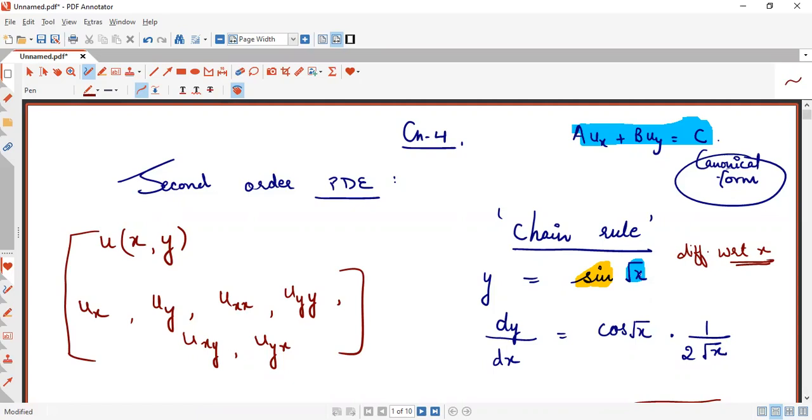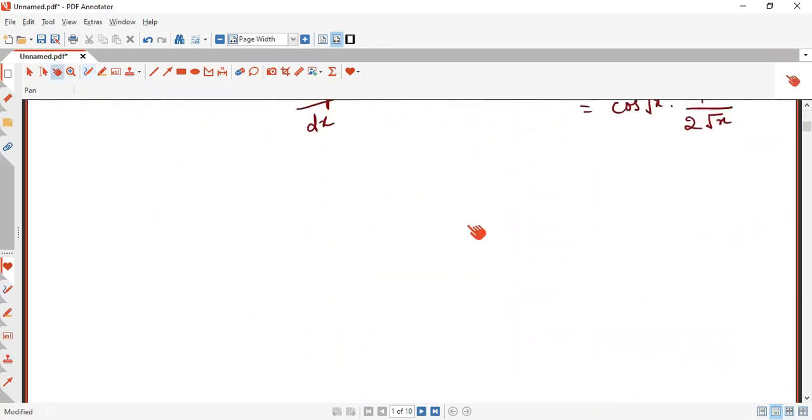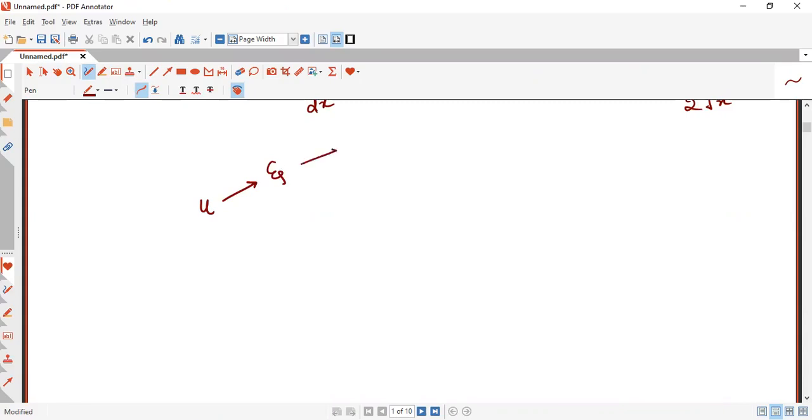Now suppose u is in terms of x and y, and I have substituted x and y in terms of some xi and eta. That means I substituted x or y term as some xi here. That means this xi I'm writing in terms of x and y, and eta again I'm writing in terms of x and y.